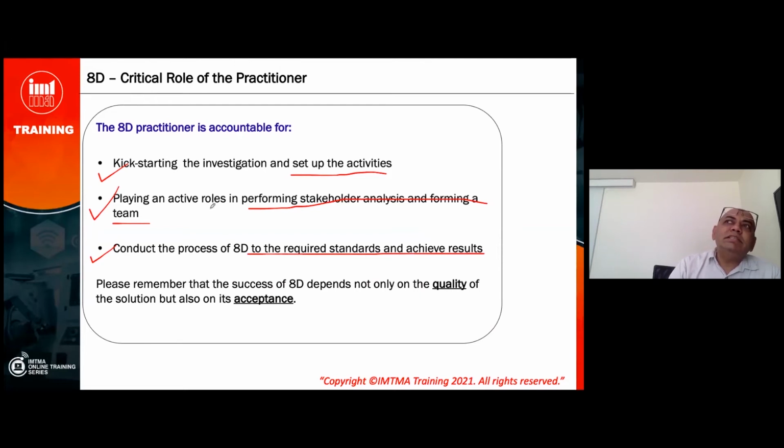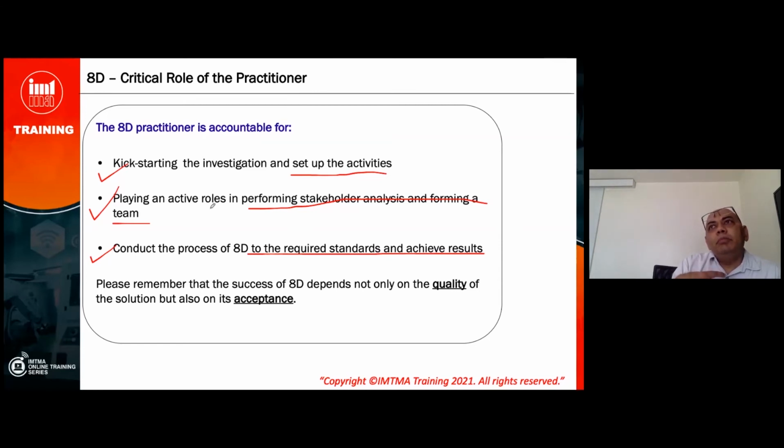Just as in A3 problem solving, we have to play a very critical role as lead practitioners. The 8D practitioner's role is very critical in terms of first making sure the team is formed, the right members are involved, and the process of 8D is executed. When you are executing the process of 8D, it is not an internal problem, right?